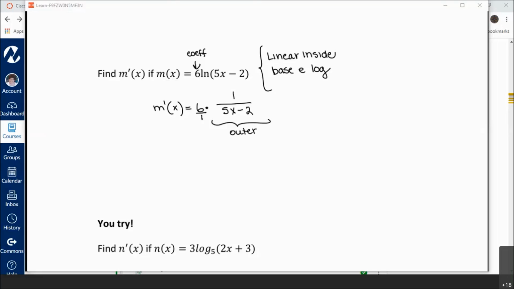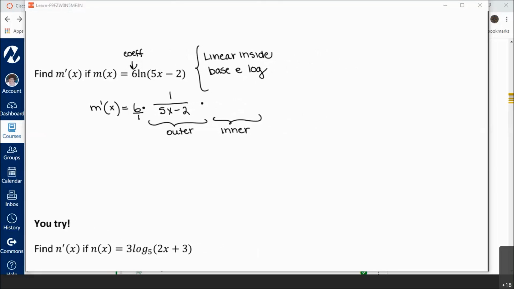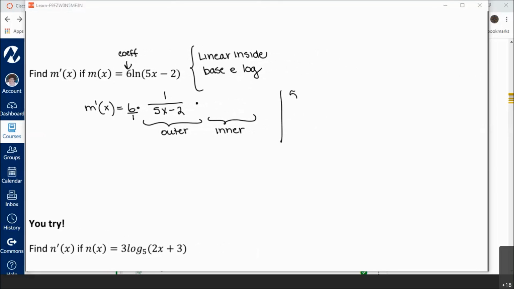So far, so good. Now we need to differentiate the inner function, which is the linear function 5x minus 2. So that's 5x to the first.